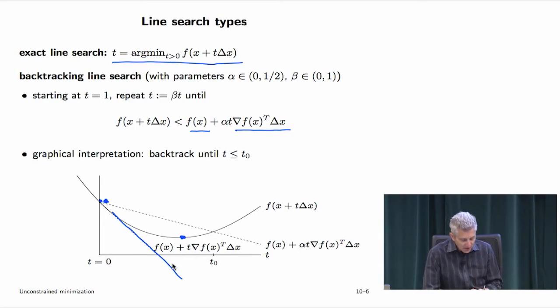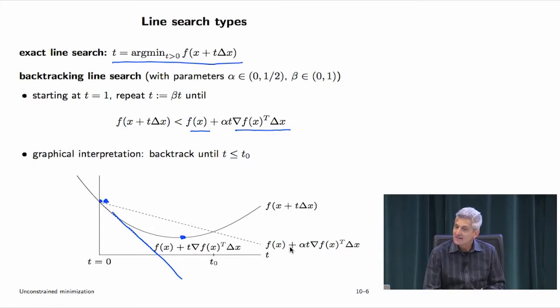So here's what you do. You degrade that lower bound by a factor, and the factor is alpha. So if alpha is 0.5, you take half that slope, and you get something that looks like this. It could be alpha equals 0.4 or something. I don't know what it is. So you take alpha equals 0.4, and that's this thing.